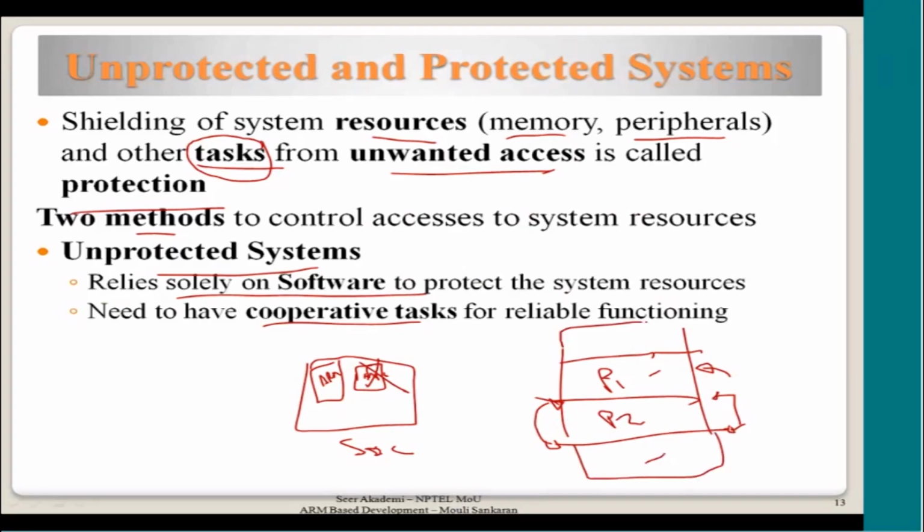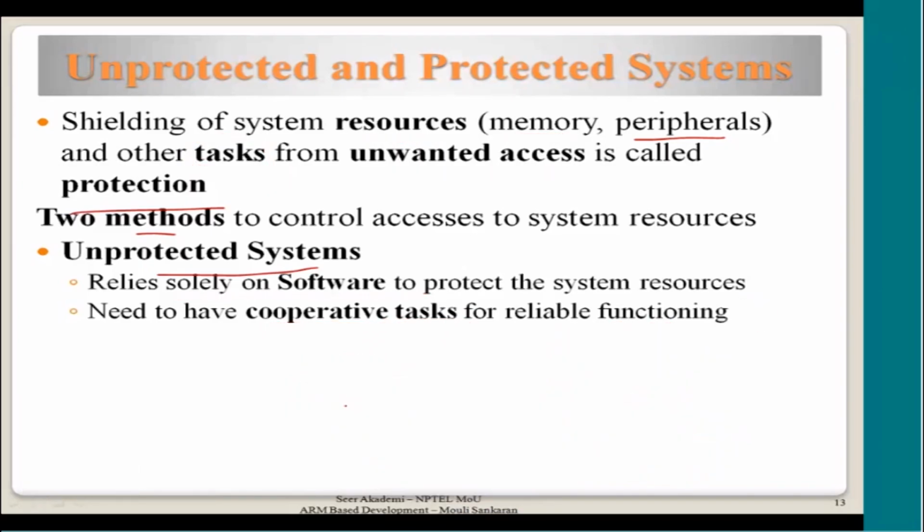And there is no OS. Maybe an OS is there, because if multiple processes are there, a simple small microkernel may be there to create these processes, but we have to manage it somehow. Without an MPU it is difficult. We have to have reliable functioning of these processes to make this system run reliably.